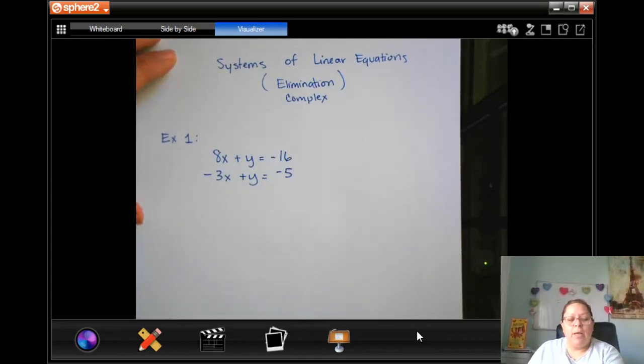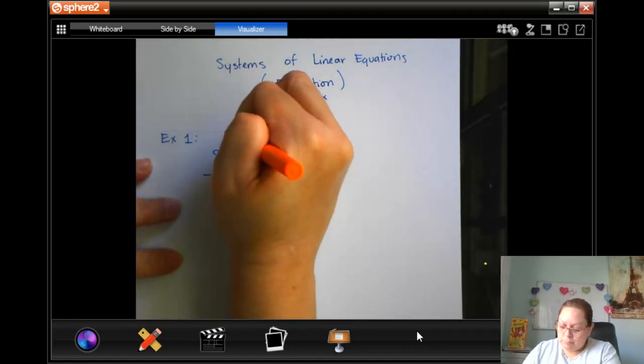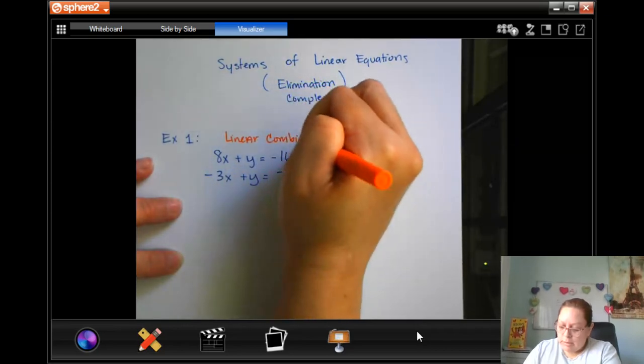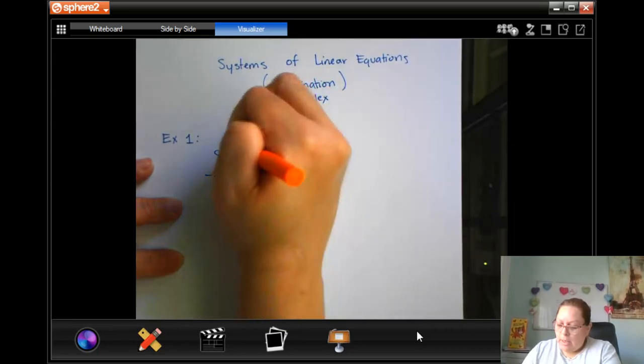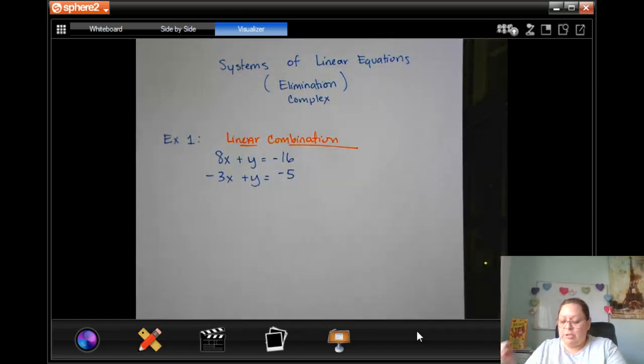All right. So remember, when we do this first step, we want to make sure that we understand we are doing a linear combination. And what does that mean? That we're actually going to put the two linear equations together.